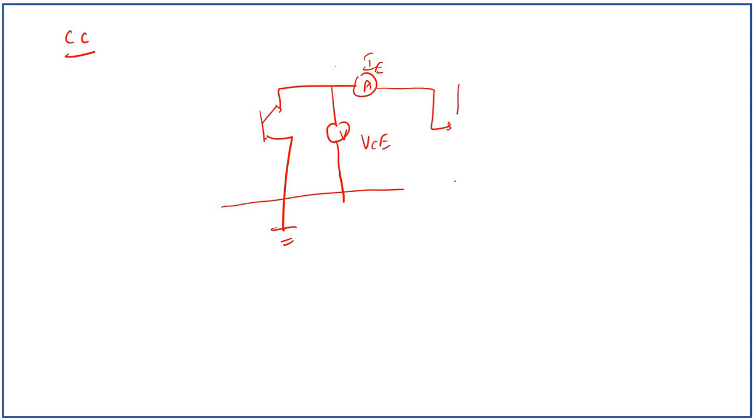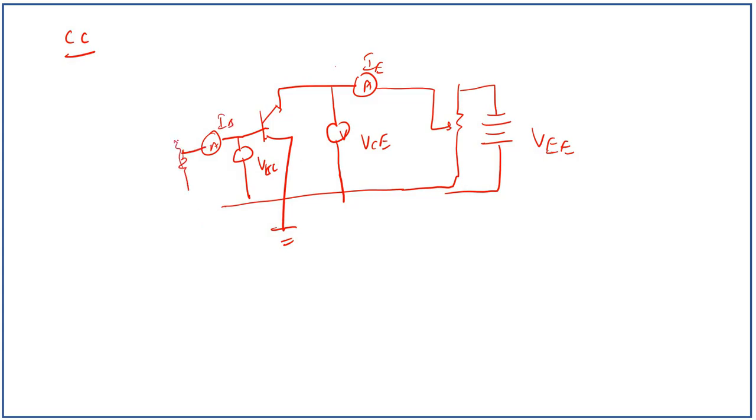On the output side we have the biasing voltage VE. The input side VBC voltage, current is IB, the input current. And the voltage here is VBB.